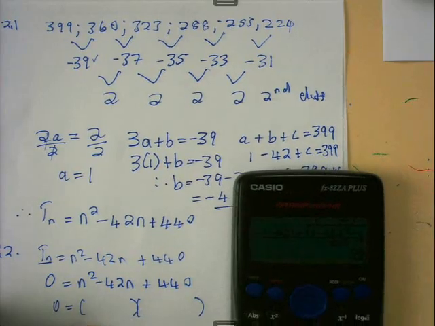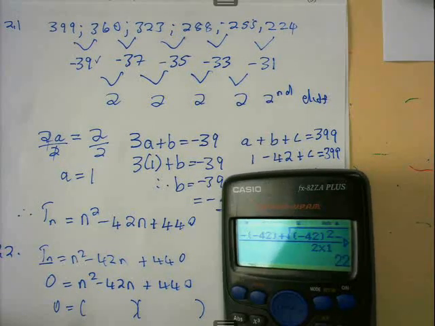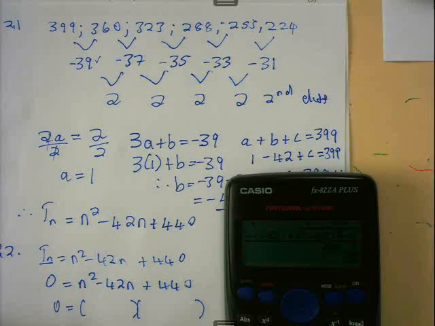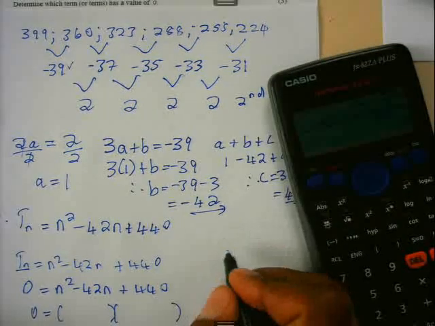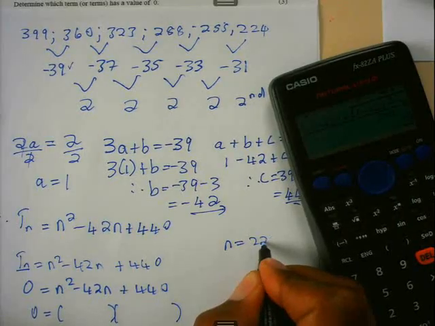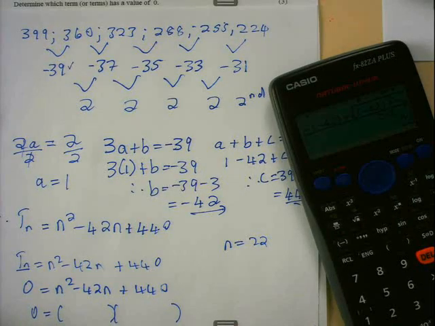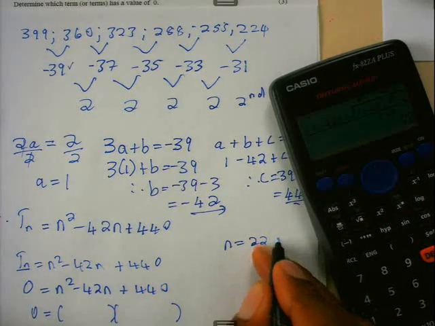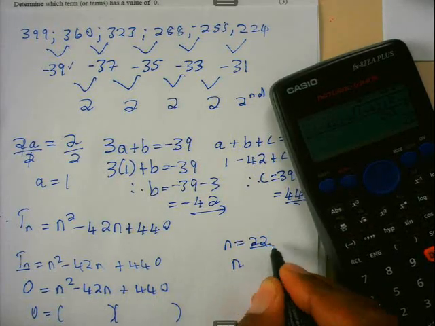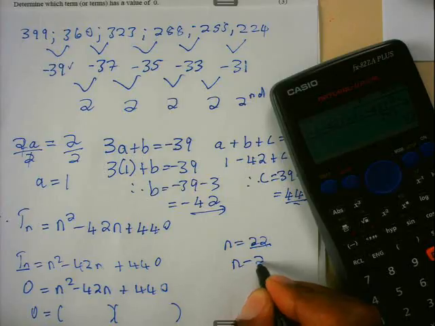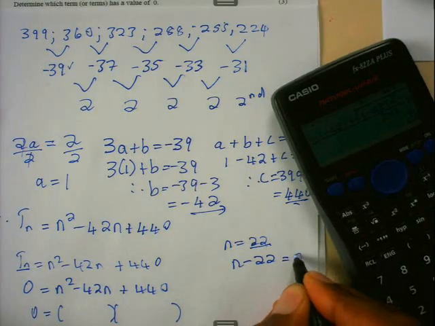Then, of course, I can see the first one there is n is equal to 22. If n is equal to 22, then let me make the right-hand side 0. Then n is positive 22, and on the other side, minus 22 is equal to 0.